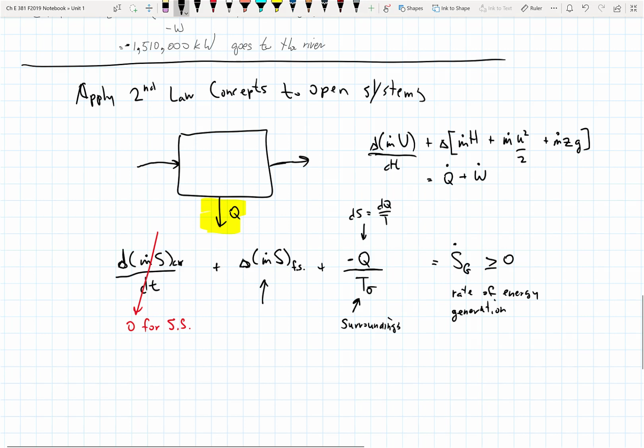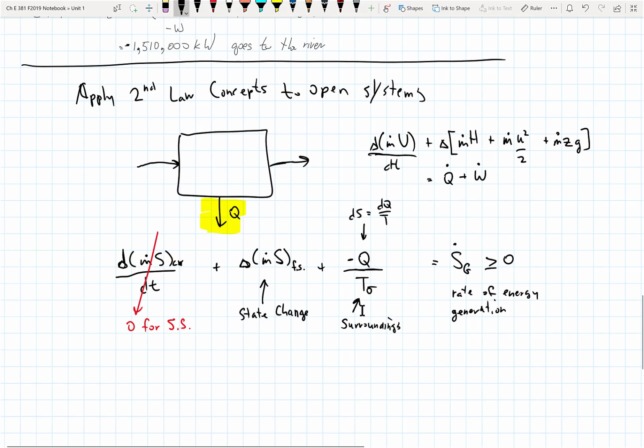The effect on the surroundings then would be to decrease the entropy. So the Q would have a positive algebraic sign, and then the surroundings term would have a correct decreasing impact on the total amount of entropy generation. So this middle term here is what we need to focus on next.